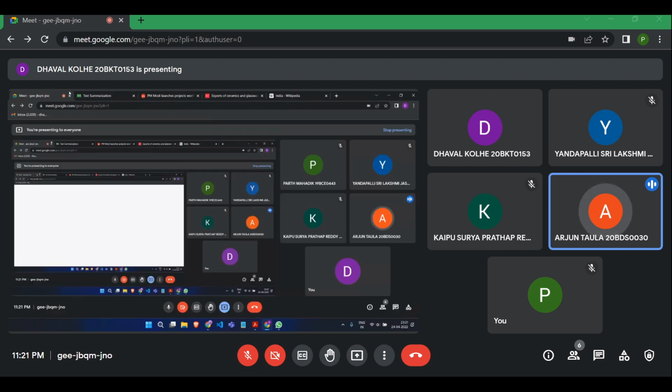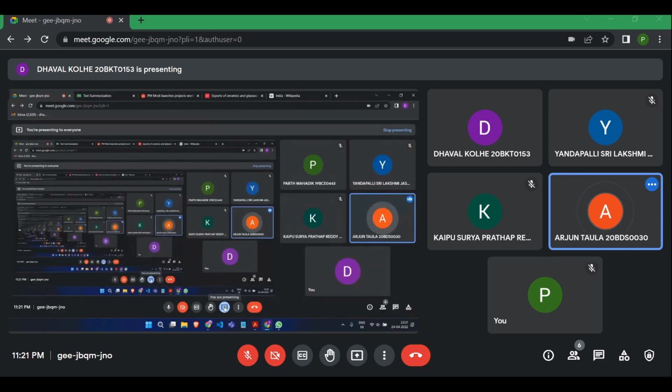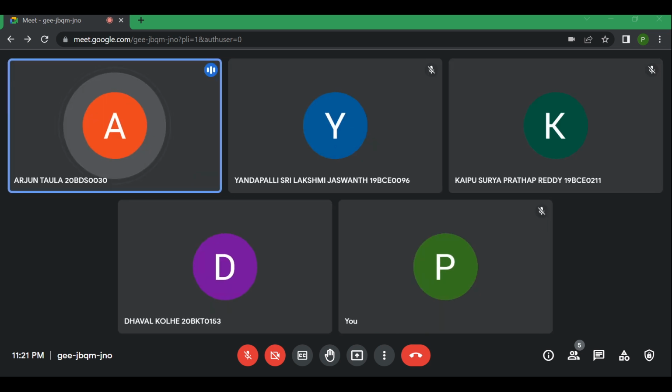So coming to the architecture of our project, we have used the encoder-decoder model. So what is the encoder-decoder model? It is a model in which there are two parts, the encoder part and the decoder part.